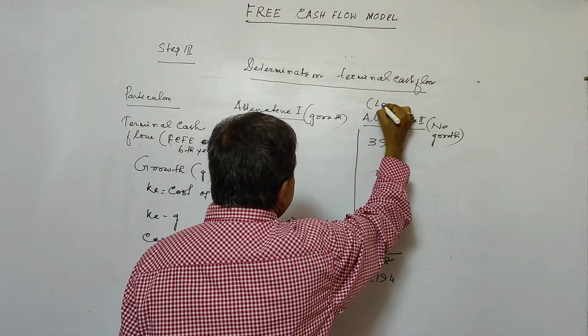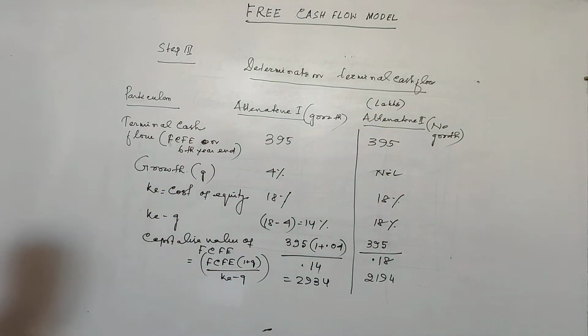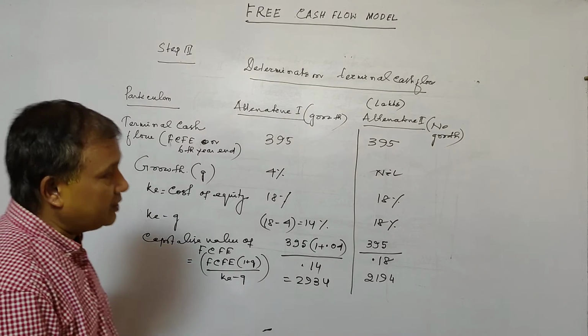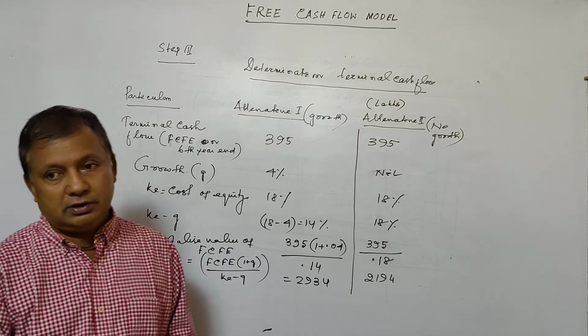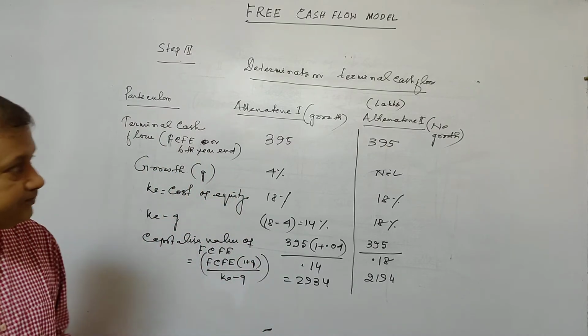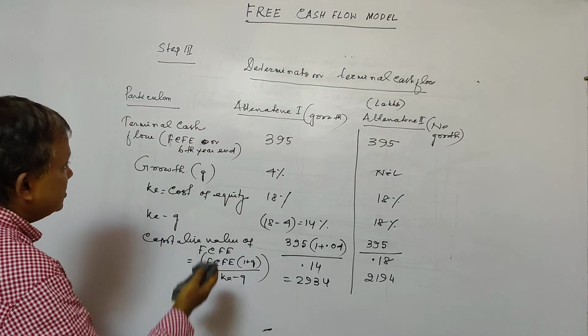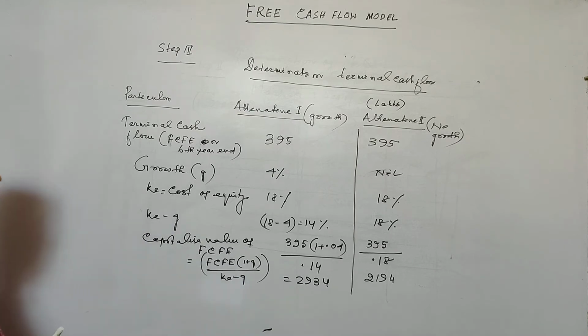All are in lakhs. So there are two options: either there will be a 4% growth or there will be a nil growth, that we consider here. This is our step 3.